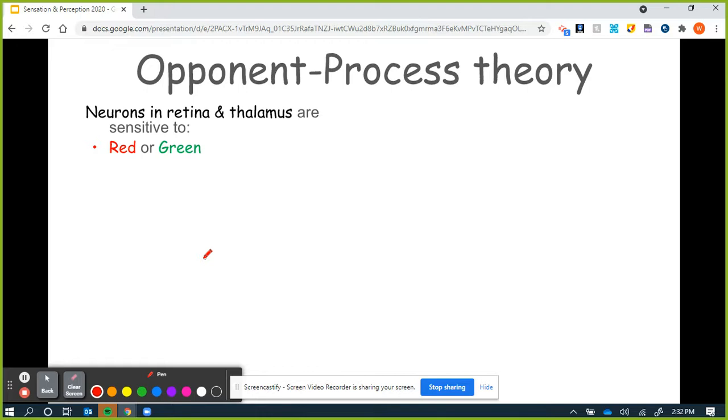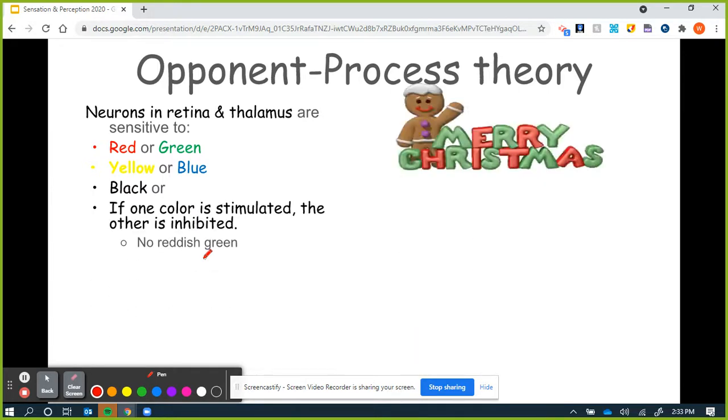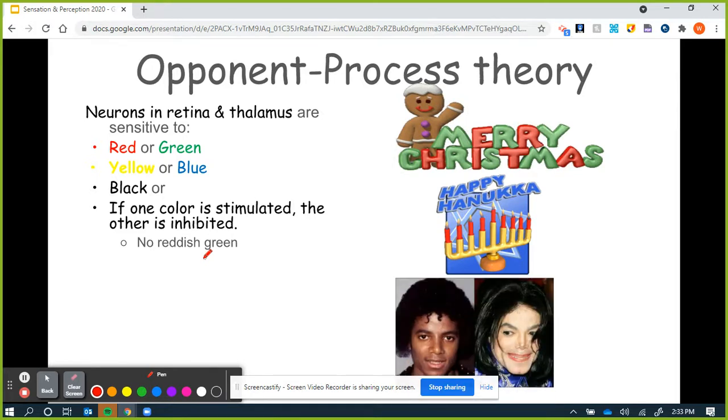So opponent process basically says that neurons in the retina, meaning in the bipolar cells, and in the thalamus and in the optic nerve, only respond to certain things. The neurons that are sensitive to color come in pairs. They are sensitive to either red or green, blue or yellow, or black or white.